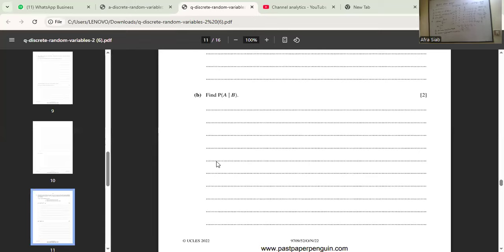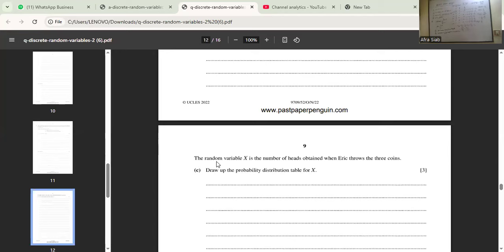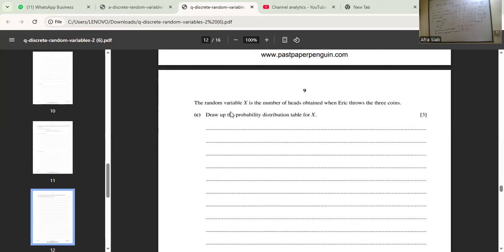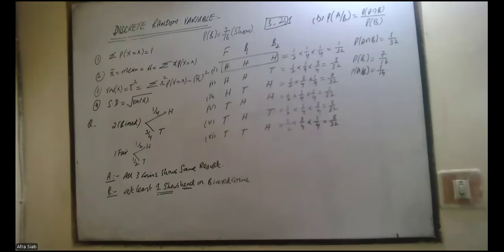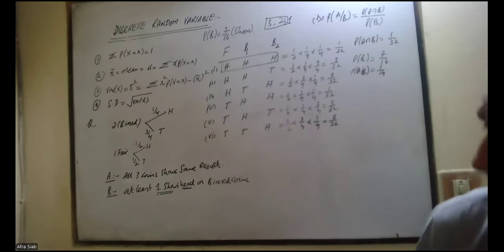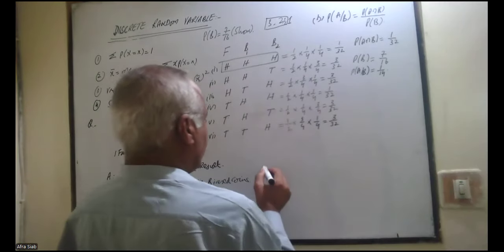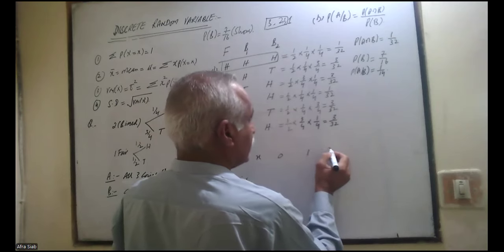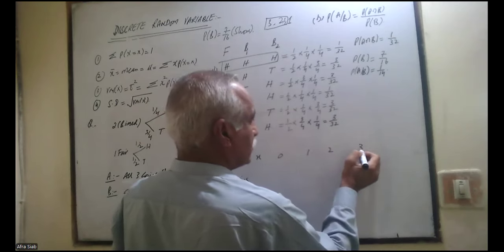Now, for the next part, the random variable X is the number of heads obtained when Eric throws the three coins. Draw up the probability distribution of X. Let's say X denotes the random variable for three throws: 0, 1, 2, 3.